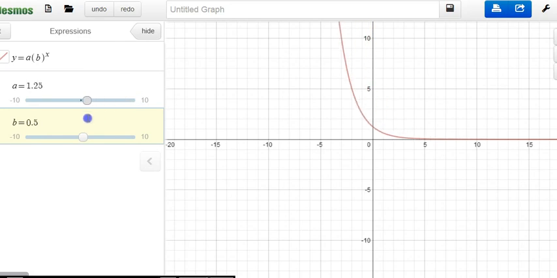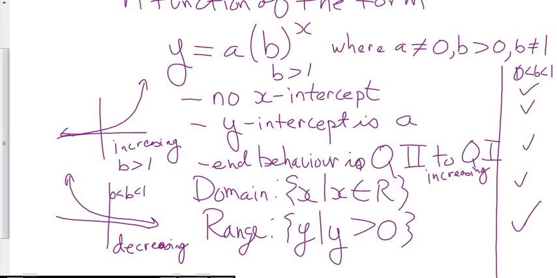It's still a decreasing graph, and a is the y-intercept, and it's also giving us a vertical stretch factor, right? So it's stretching the graph more than it was. Or if a is between 0 and 1, it's stretching the graph less than it was, right? It's making it half of what it was. And then if it goes negative, we don't do that, so don't worry about that. Okay? So that is what's going on with the exponential function.